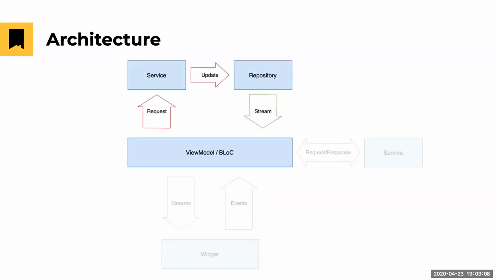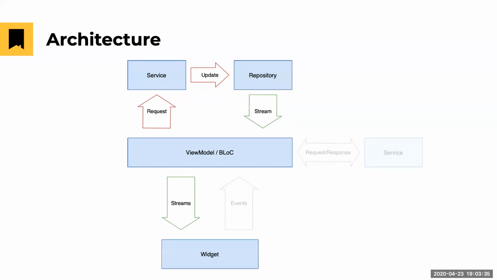Another option for a view model is to fire and forget some requests to a service. After this request is processed, service can independently update a repository, which in its turn can expose its state via stream as well. View model in its turn can listen to this repository state and update its data for the widget later to consume.